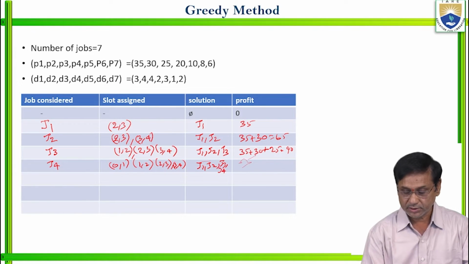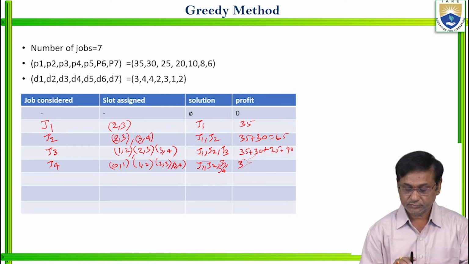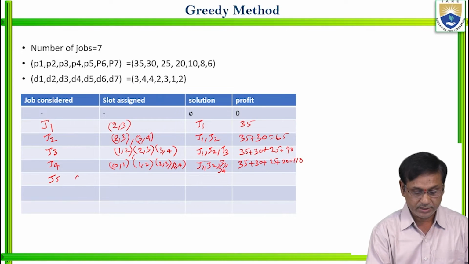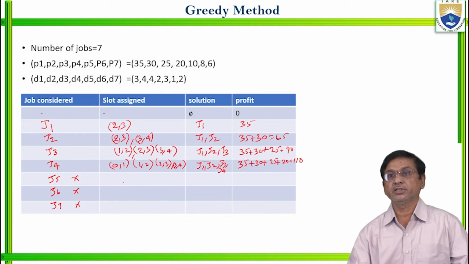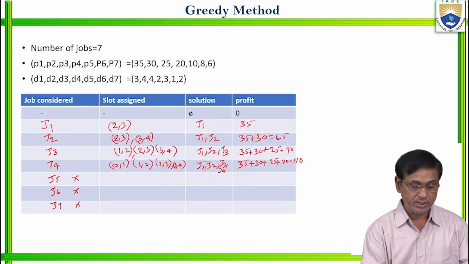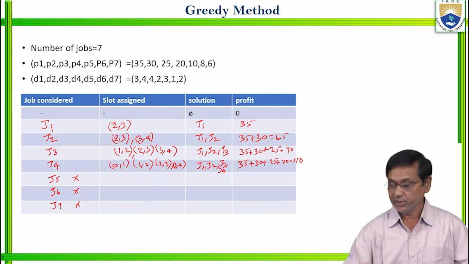So profit is 35 plus 30 plus 25 plus 20, that is 110. Next, for J5 the slot is not there, J6 slot is not there, and J7 slot is not there, so the solution is the same, so the total profit is 110, and the jobs considered are J1, J2, J3, J4 only.